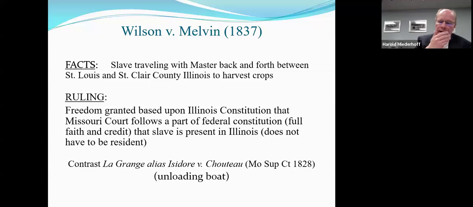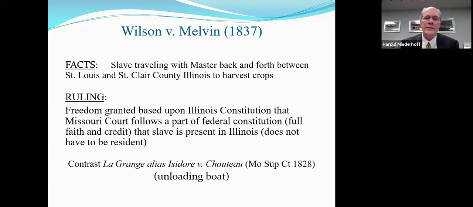Now, another case, its distinction is based upon the fact that Illinois became a free state with its own constitution. This was a case where Melvin was traveling with his master back and forth between St. Louis and St. Clair County, Illinois, to harvest crops. So he was working in Illinois, probably on a daily basis, back and forth. And the court ruled that because Illinois had its own constitution that prohibited slavery, Missouri has to respect Illinois law.